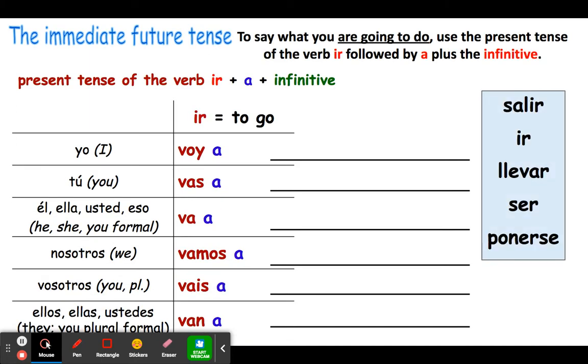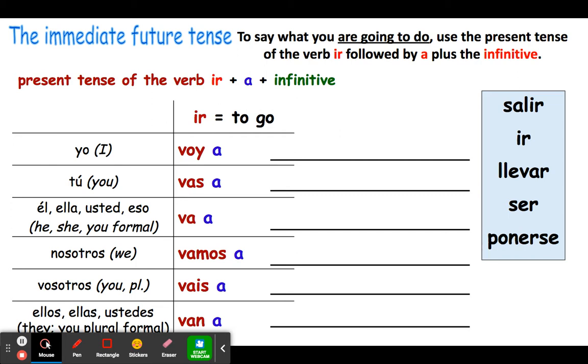Okay, guys, the other thing that we are studying here, also remember, if I'm going fast, just pause the video. The immediate future, to say what you're going to do. You guys are familiar with the verb ir. We studied the verb ir in unit 7, and ir means to go, that's the infinitive.